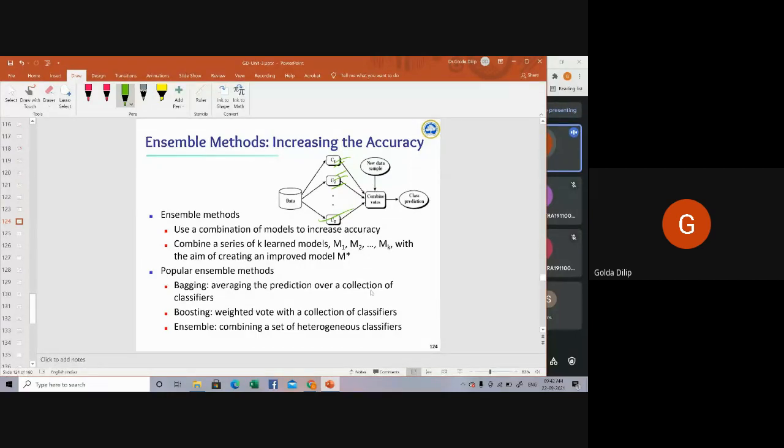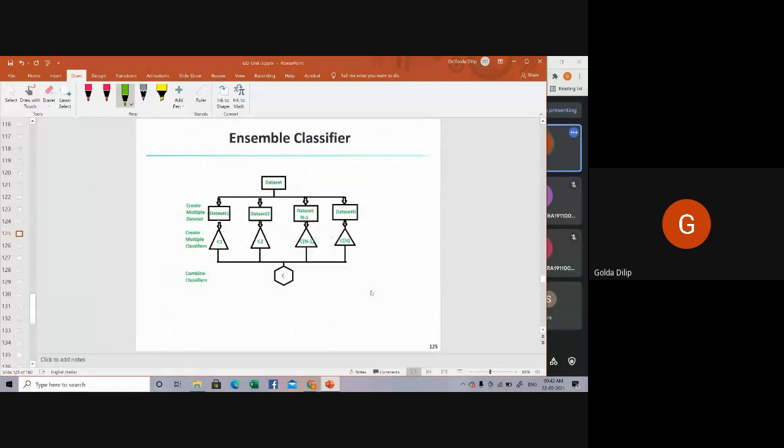You assume that ensembles tend to be more accurate compared to their component classifiers. These are the popular ensemble based methods; we will be discussing them one by one. So this is an ensemble based classifier.